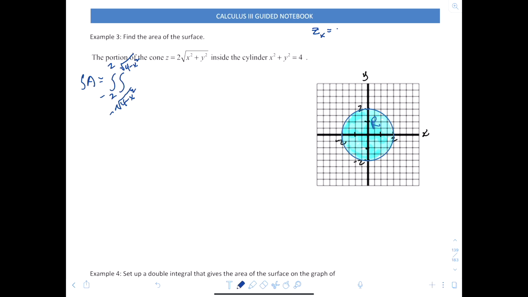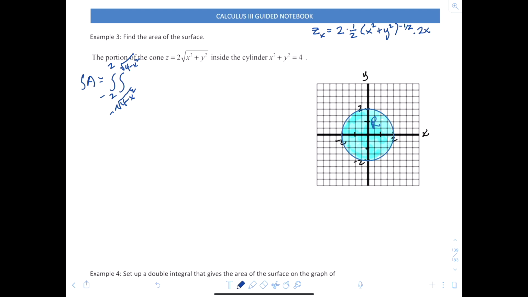It'll be 2 times 1/2 x squared plus y squared to the -1/2, and then times 2x.